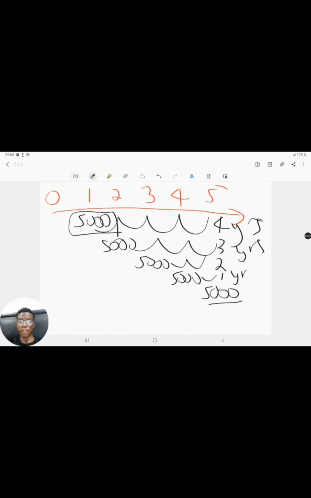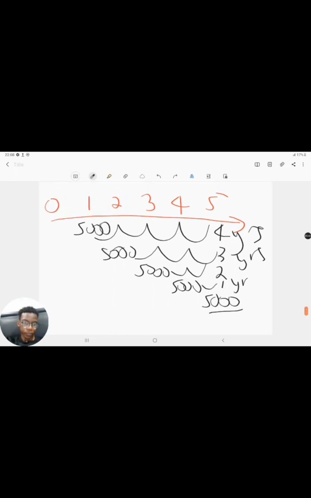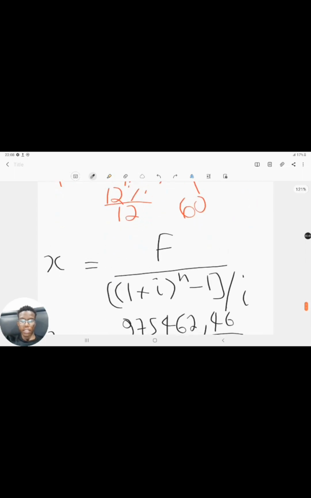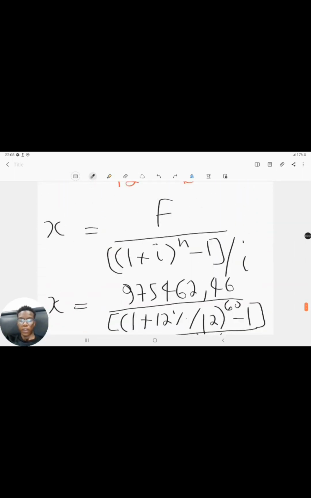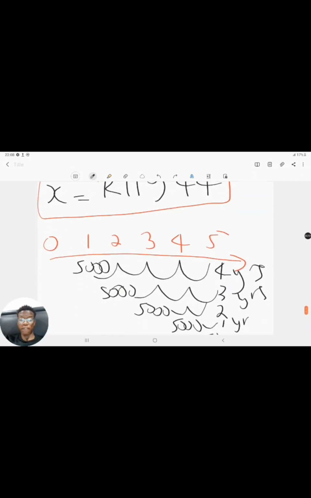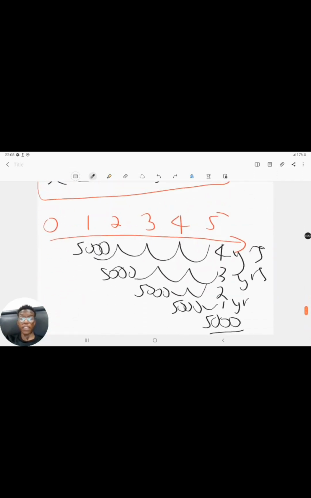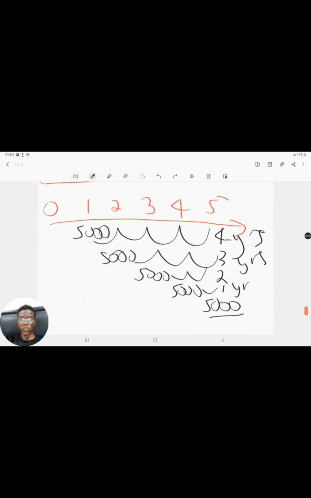So it won't just be 5,000, it'll be 5,000 plus the interest that it would have accumulated by the end of the 5th year, right? So you should remove all those 5,000s, take them away from the money that he should have had to save up, and then calculate a new monthly installment. Okay, so let's do that.